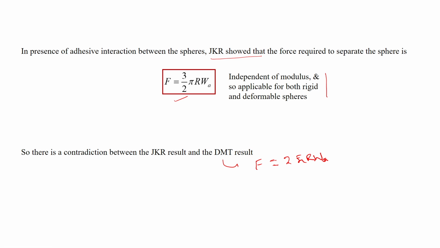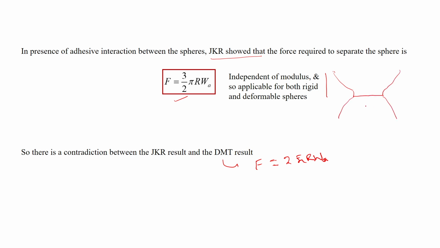Although there is a basic difference between JKR and DMT, in the way they look at the contact. In the JKR, if you remember, there was this sphere in contact with this, and because of this adhesion, we said that the contact area increases, and we drew it something like this.